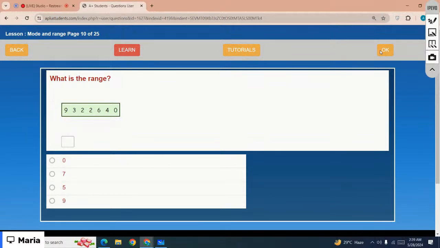The correct option is 9. It is 9 minus 0, which is 9. So the range is 9. The correct option is 9.